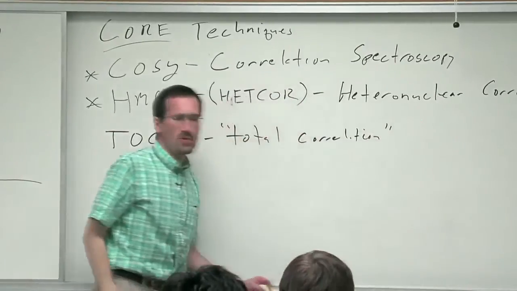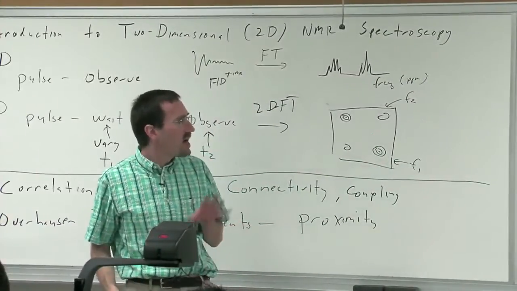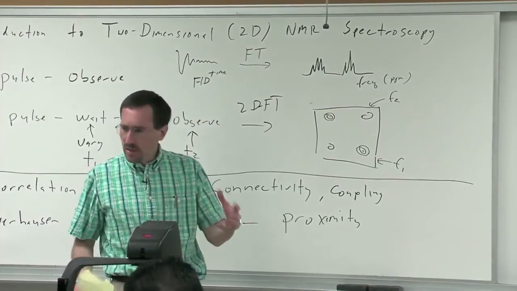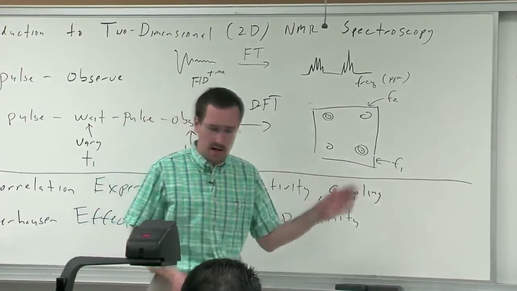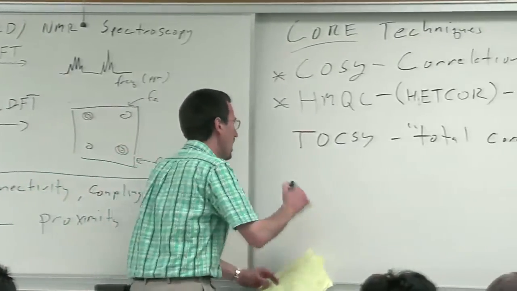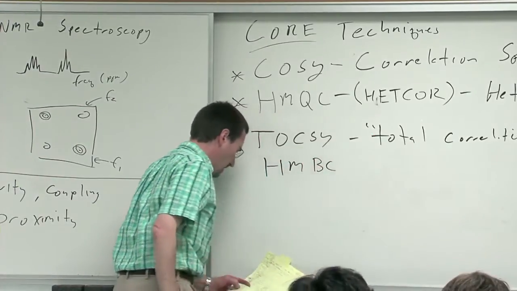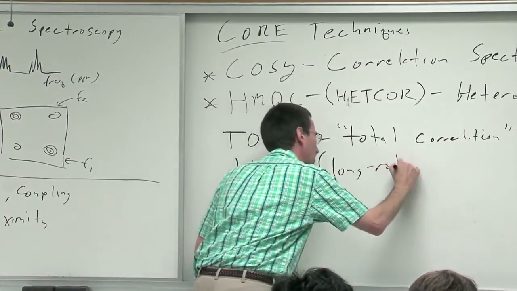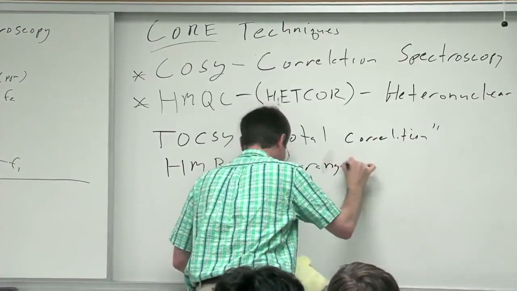It's like a super COSY that gives cross peaks with all other nuclei in the spin system. I'll show it to you today, but you won't yet have the experience to see where it's useful. We'll bring in some problems later on, but I don't want to bombard you with too much. And HMBC is sort of a long-range HETCOR. In fact, that's the version of the experiment that it used to be.